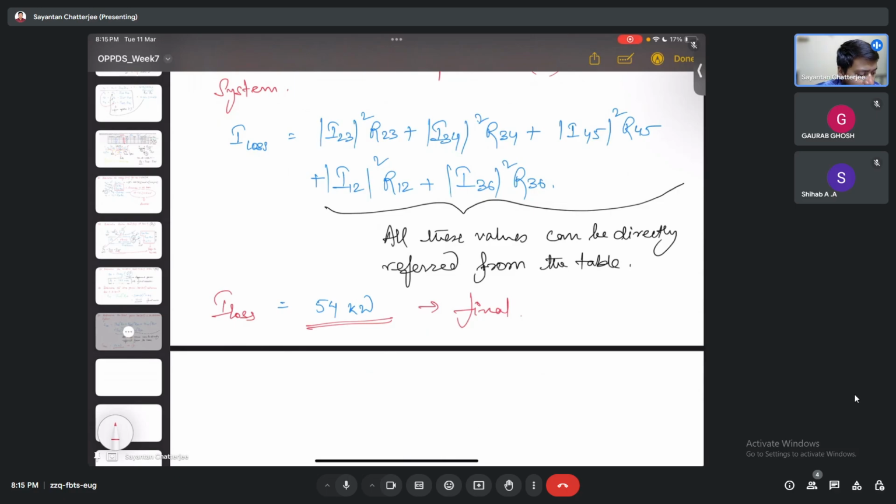All these values, current and resistances, I and R, can be referred from the table. Is it fine? Yes, sir.